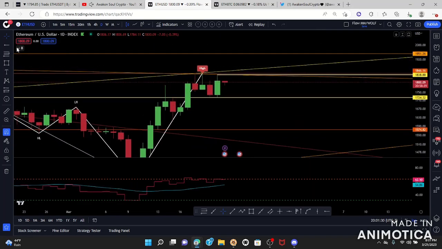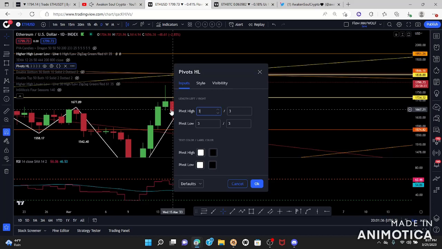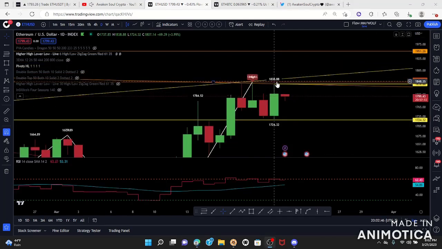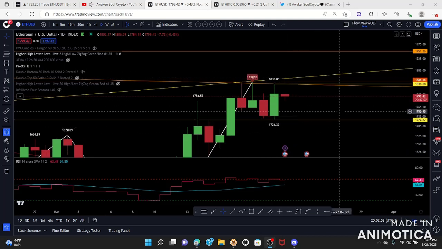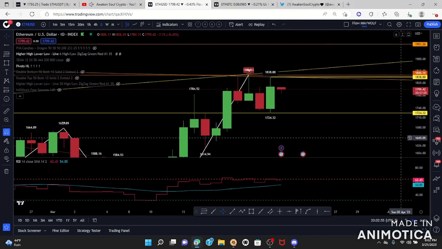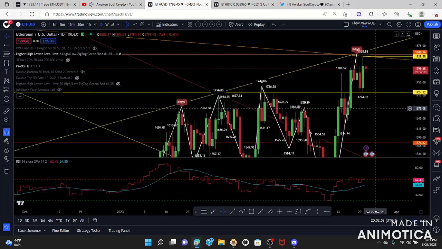Good. And if you're having a hard time finding them, use your pivot highs and lows, like I mentioned. So not only do the pivot highs help you with exact price action, they also help you with support and resistance, okay? So right here on the daily, we have our range, we have our trend lines.